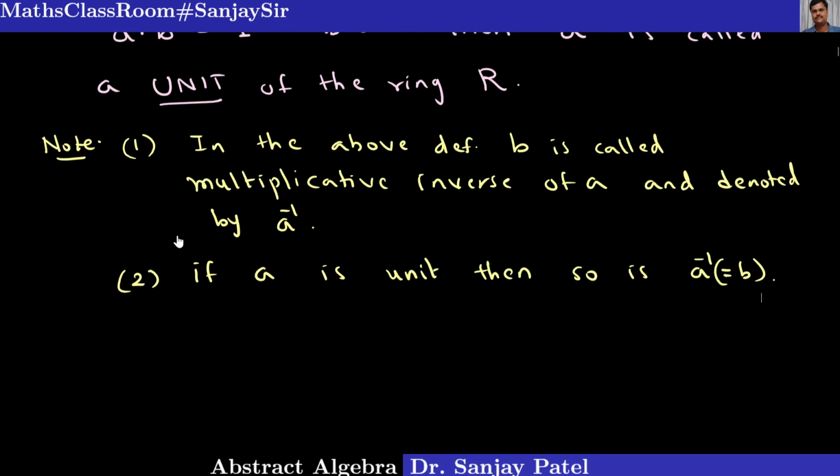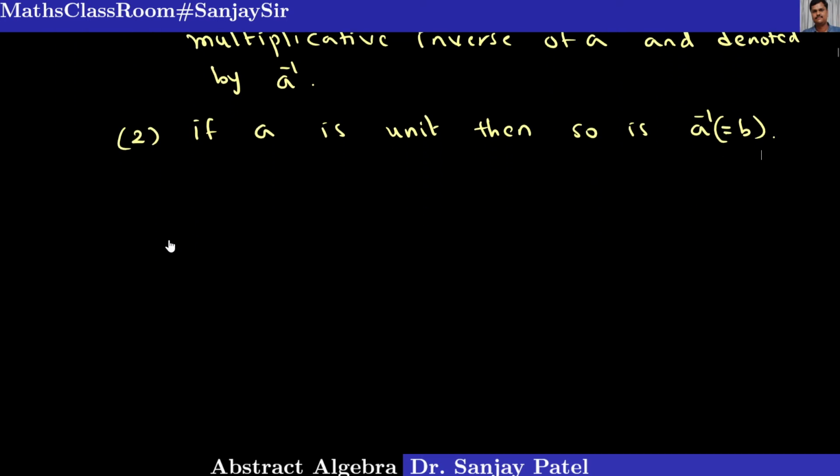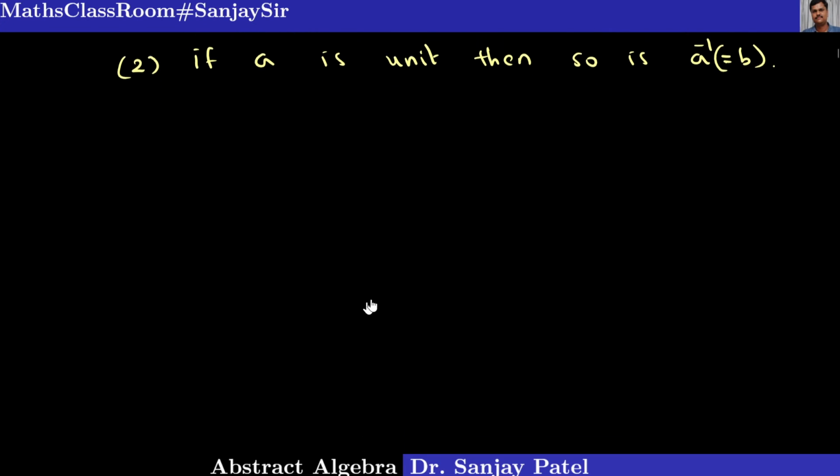Another very important definition related to ring is the definition of something called zero divisors. We will understand all these things by different examples of rings. So the definition of zero divisor.